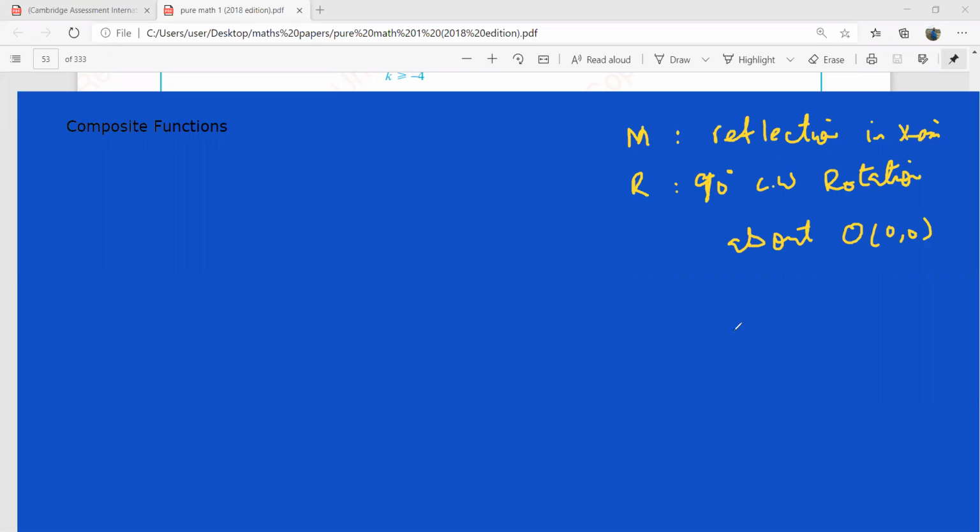Now suppose there's a triangle A, that is your object. Do you know what we mean by M of A?